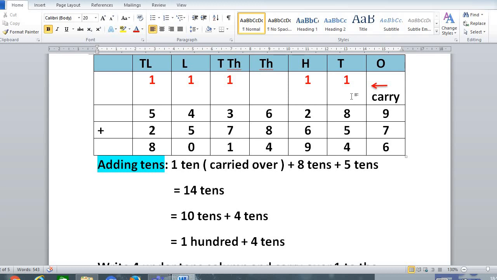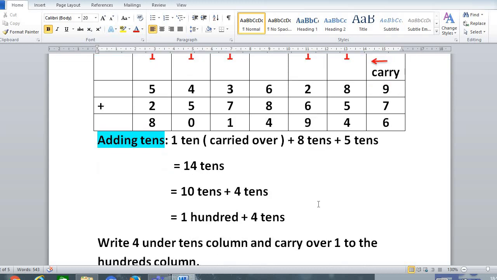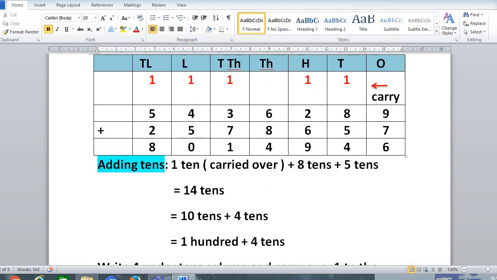Look at the tens column here. 1 ten, that is carried over, plus 8 tens plus 5 tens, that is 14 tens. Now 14 tens can be written as 10 tens plus 4 tens. 10 tens means 100, plus 4 tens. So this 4 tens, we write 4 under the tens column, and this 100 we carry over to the hundreds column.